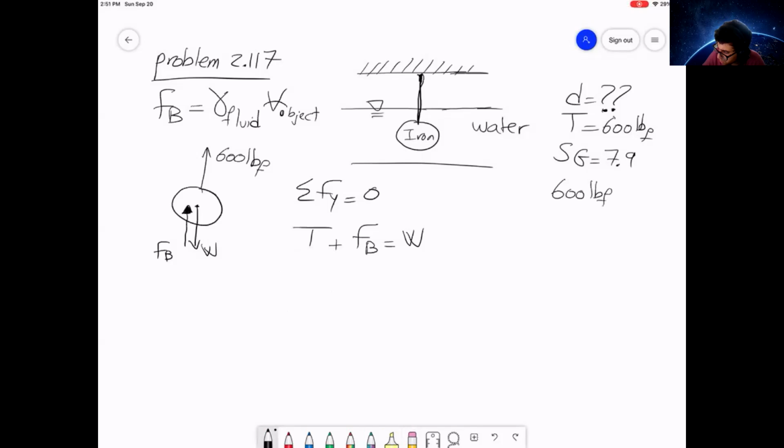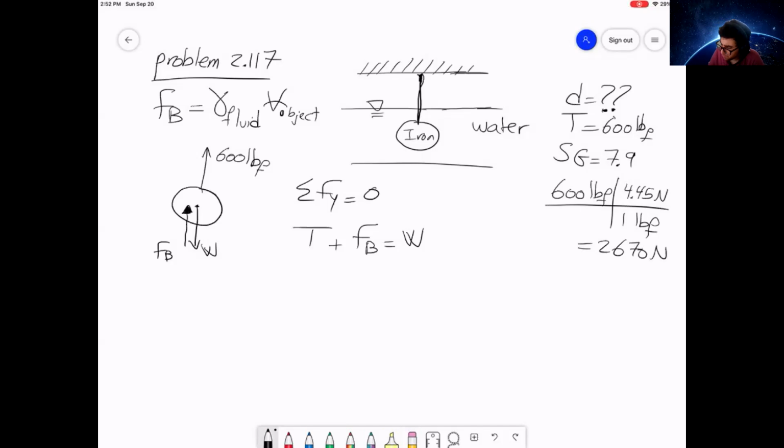I know 1 pound force is equal to 4.45 newtons. That's the conversion value. You multiply 600 times 4.45, you end up with 2,670 newtons. It's just a conversion value.